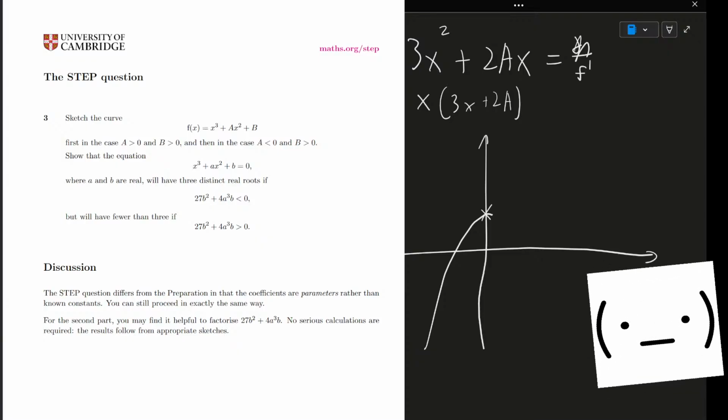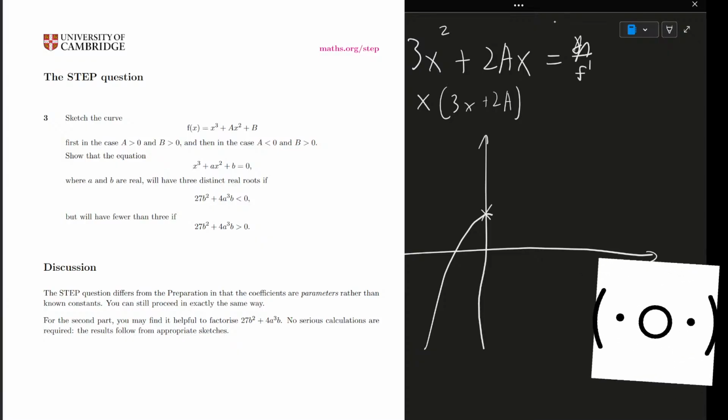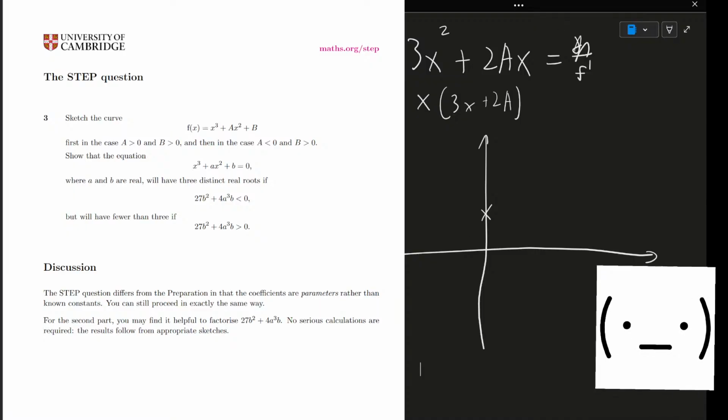One of these, actually, the other one is going to be negative.